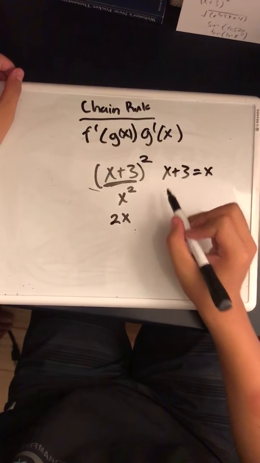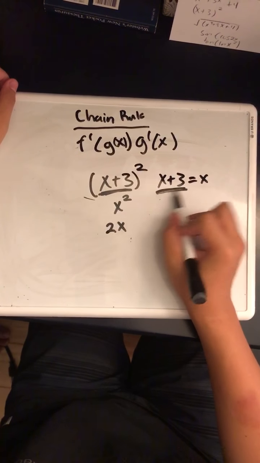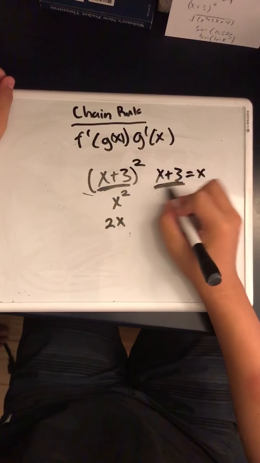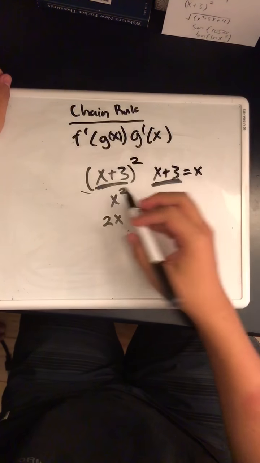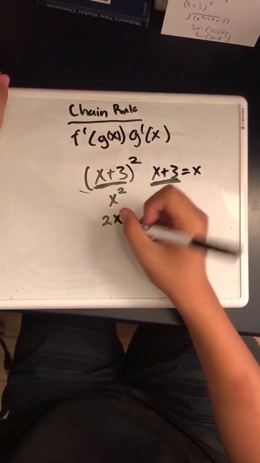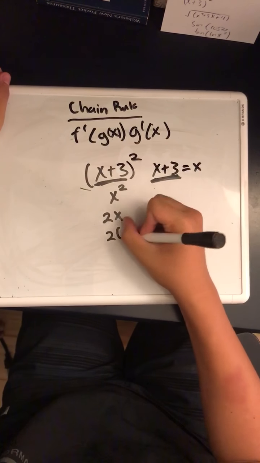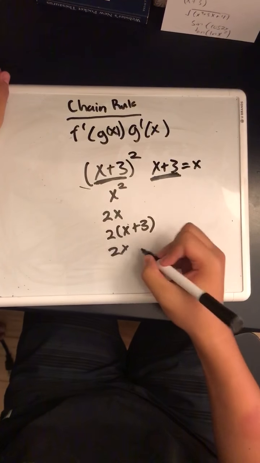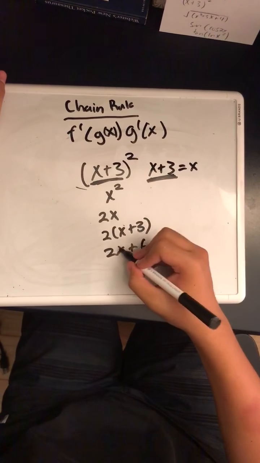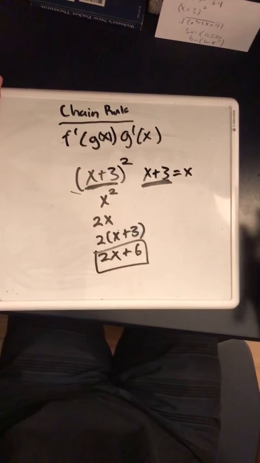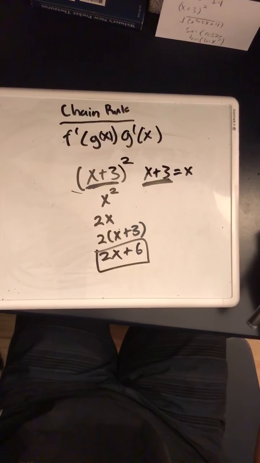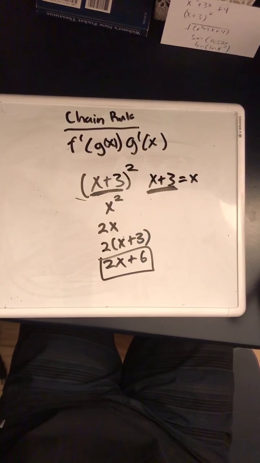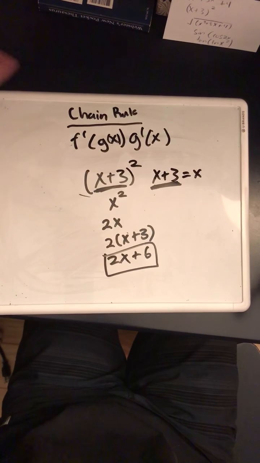But instead, we have to plug in this function, because originally it's x plus 3. So it would be 2 times x plus 3. And we just simplify this out, which would be 2x plus 6. That would be our answer. So this is just like doing a derivative of a regular function, but instead we have another function inside a function.